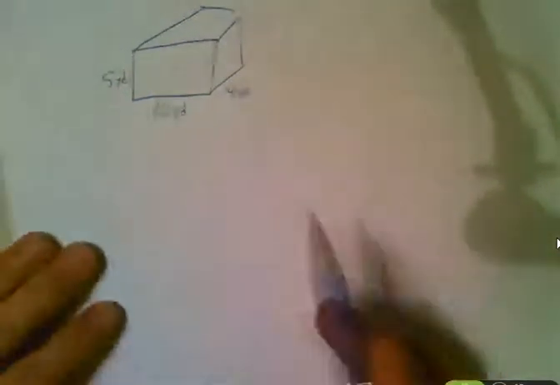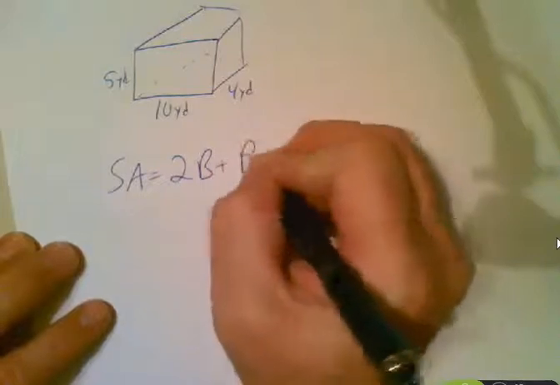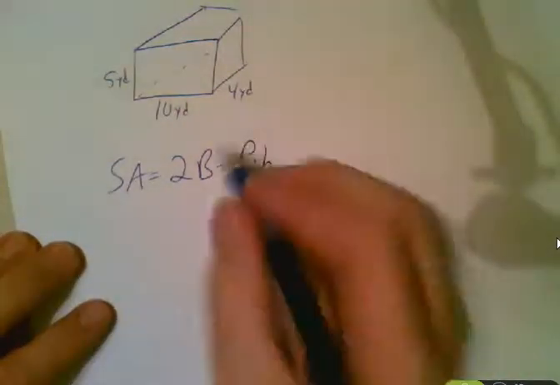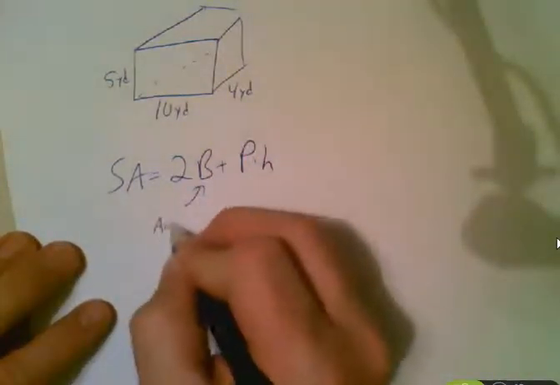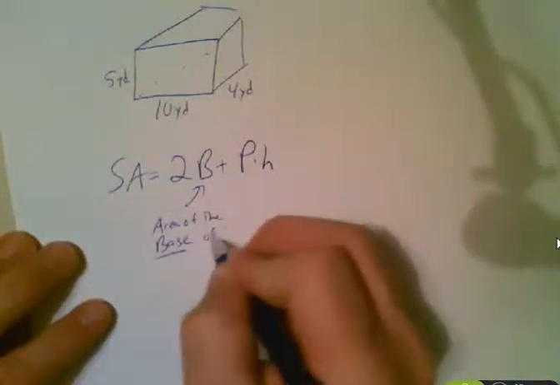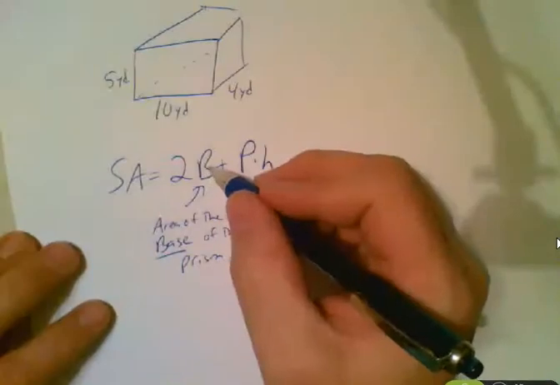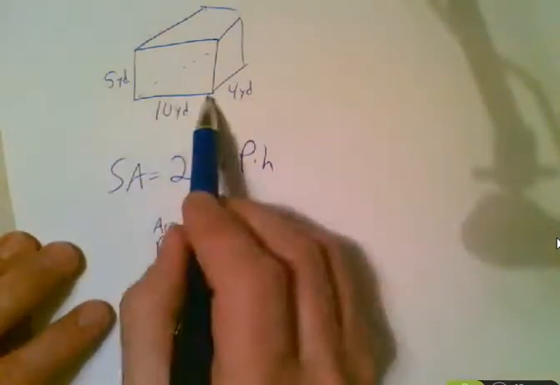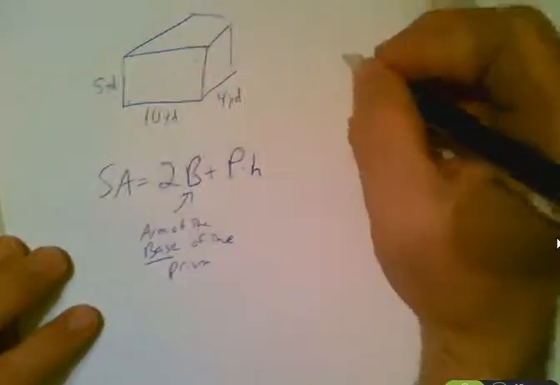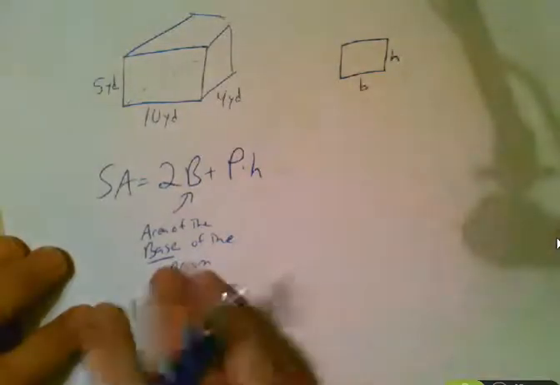All right. So our surface area we said was 2 big B plus P times H, where big B is the area of the base of the prism. Okay, big B is not just base like an edge. Like if you were to go back old school to just looking at a rectangle, a lot of teachers probably showed it to you like this.